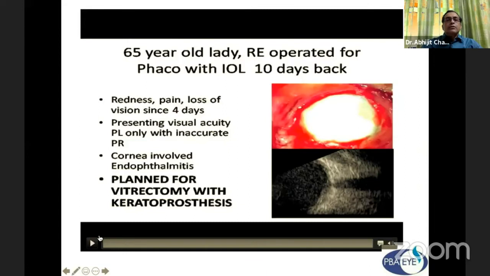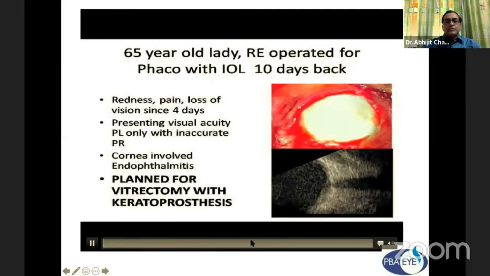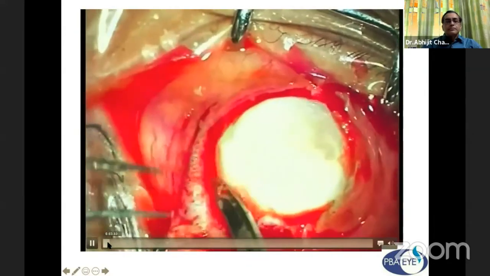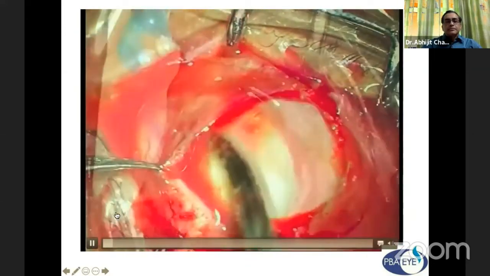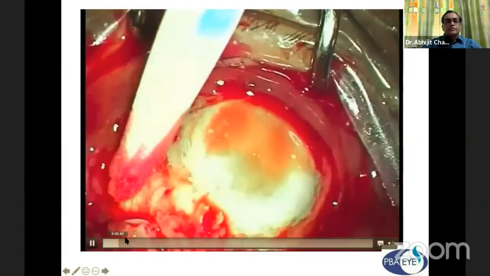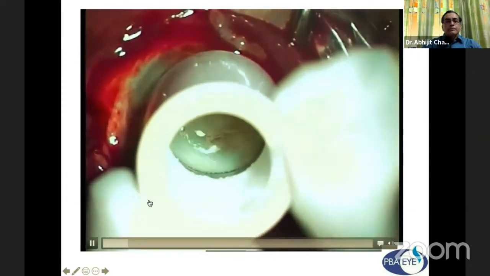This is a case where you can see the cornea is totally infiltrated and planned for vitrectomy immediately with keratoprosthesis. Redness, pain, loss of vision since 4 days, presenting visual acuity was PL only with inaccurate PR. A difficult situation for both the patient and the clinician. The cornea is totally involved and there is absolutely no posterior segment view, with moderate to severe reaction.